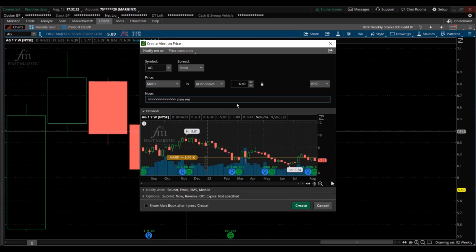View weekly chart. Breakout prior week's high. And when that goes off, I'll get an alert on several devices, my phone, my email, the desktop trading platform.